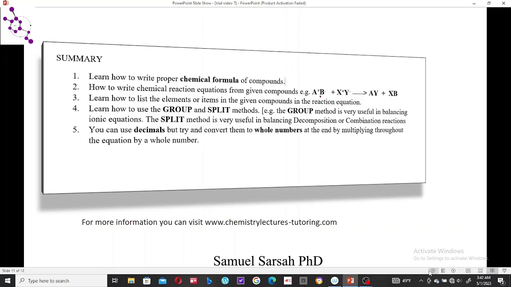So if you know which side is a positive side and which side is a negative side, all that you need to know is just positive always combines with the negative side, so just exchange the negative and positive and you get your products. That's very easy. So that's just a simplified chemical reaction equation.